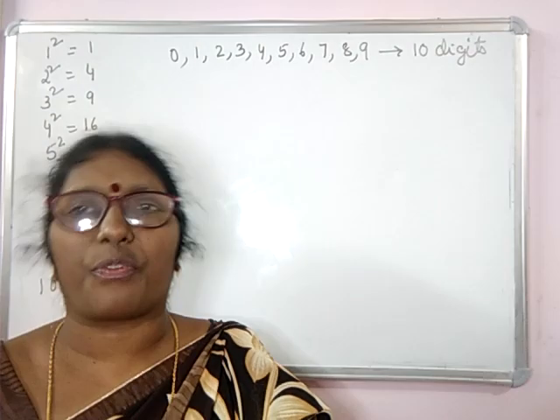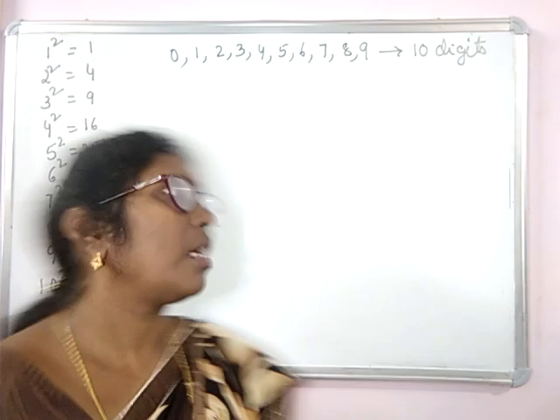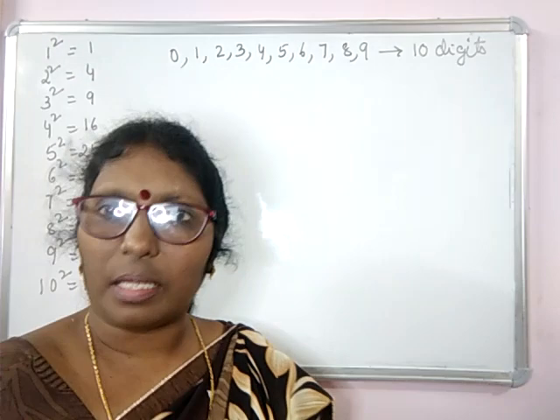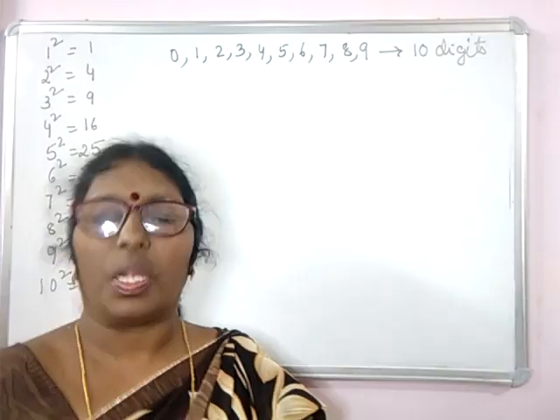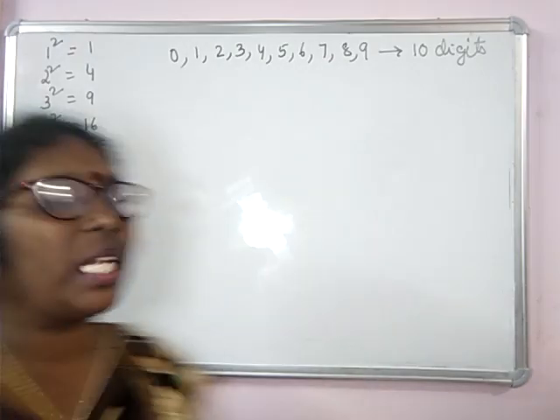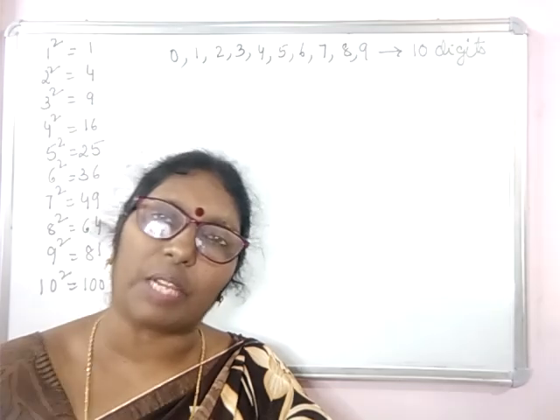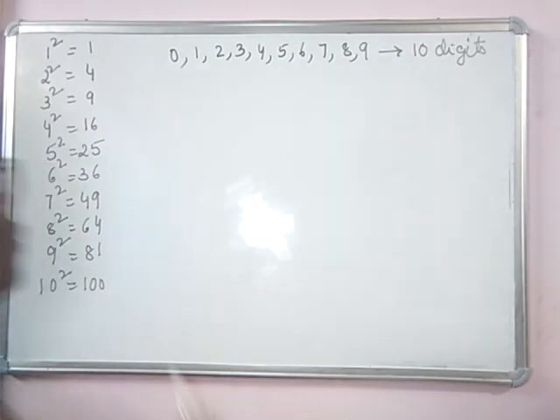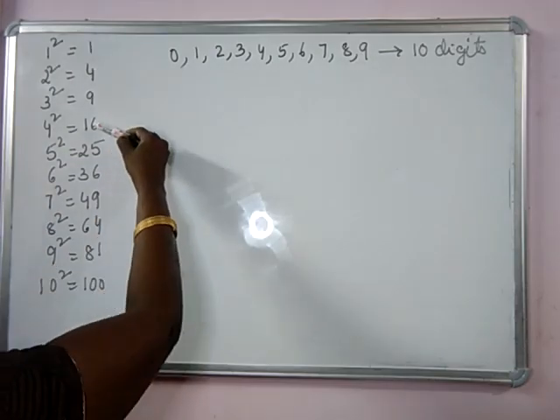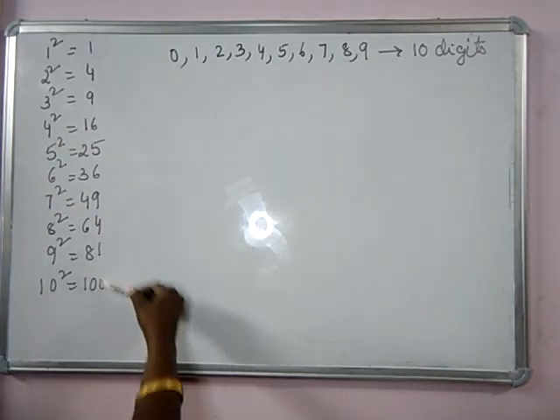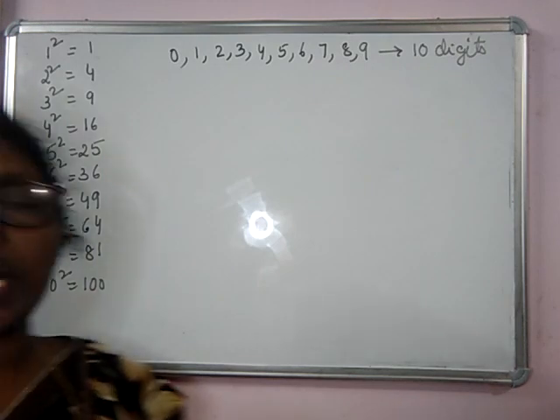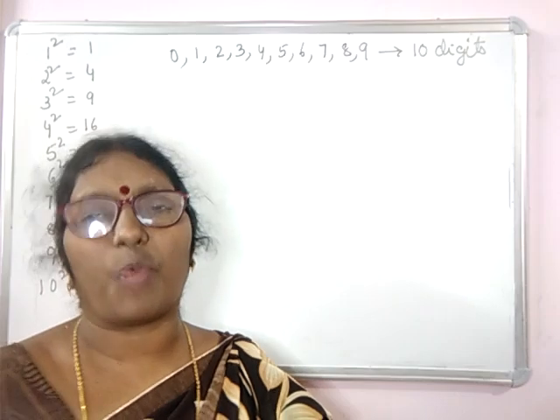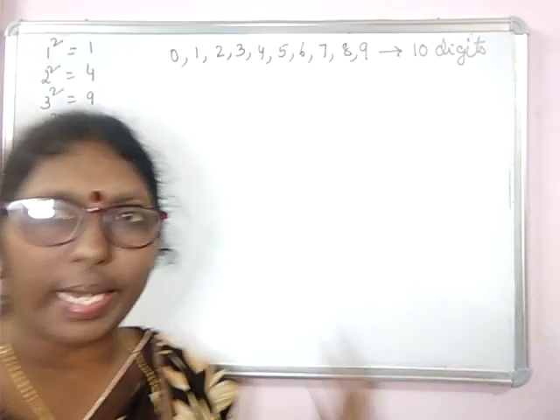Similarly, if you find the square of 11, 12, 13: 11 has 1 in the ones place, 12 has 2, 13 has 3. Similarly 21, 22, 23, 31, 32, 33. When you find the squares of all these, you get 1, 4, 9, 6, 5, 6, 9, 4, 1, 0 in the ones place of the perfect square.